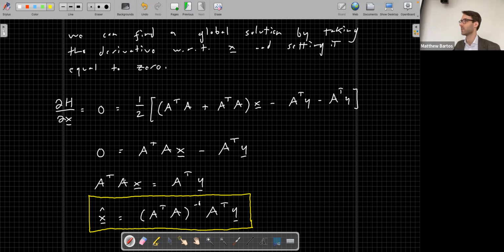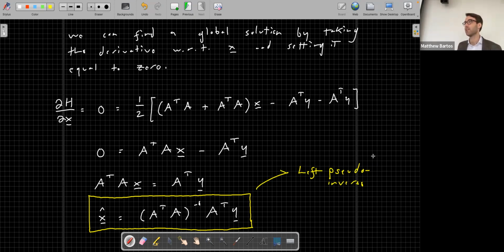Okay, who's seen an expression like this before? Who's seen this equation before? Anybody? So this is called the left pseudoinverse of A. If you've ever done a linear regression problem, you have used this equation, essentially, right?